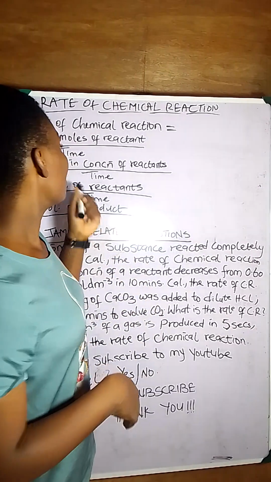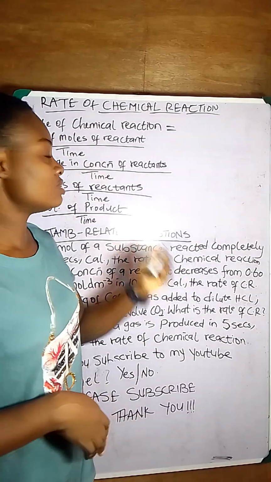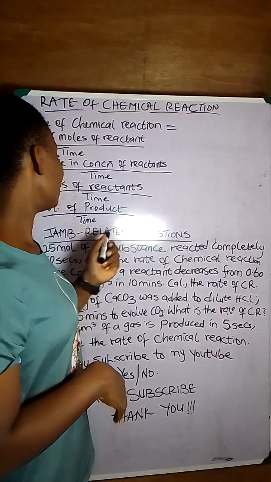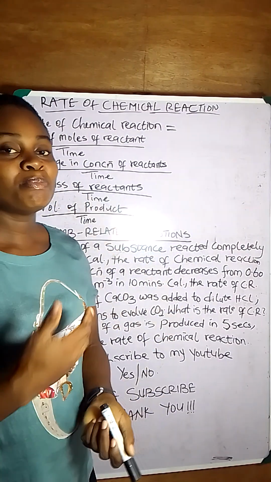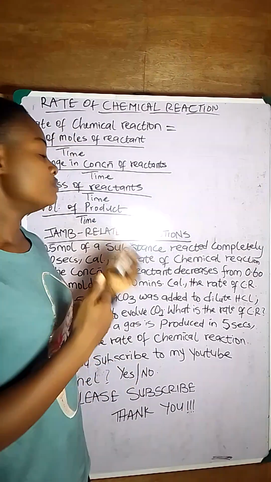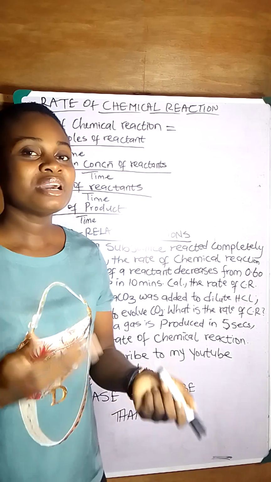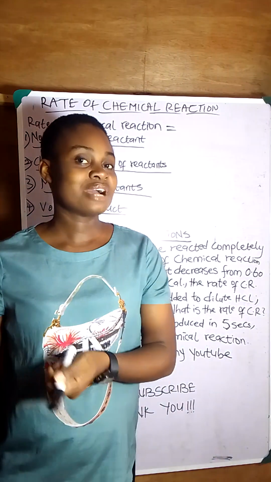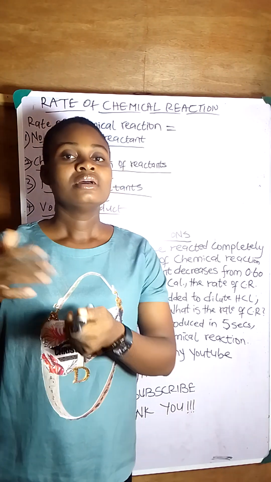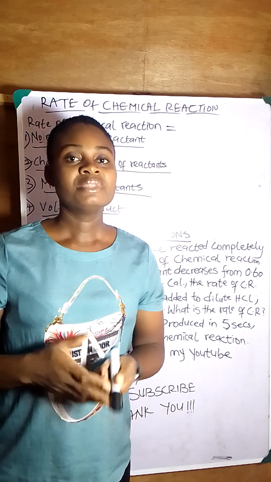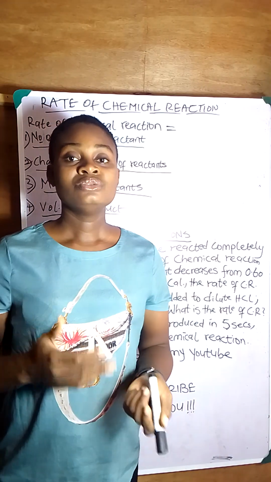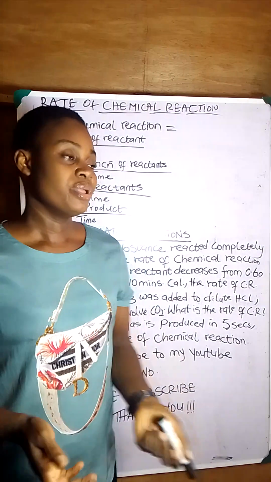And then secondly, you can calculate the rate of chemical reaction by change in concentration of the reactant. And the third one, mass of reactant per time. And the fourth one, volume of product. And now when you hear about volume, you know it's talking about gas. Okay, so gas is evolved at the end of reaction. You can collect the gas, measure the volume, divide it by the time it takes to produce the gas, and you can measure the rate of chemical reaction.